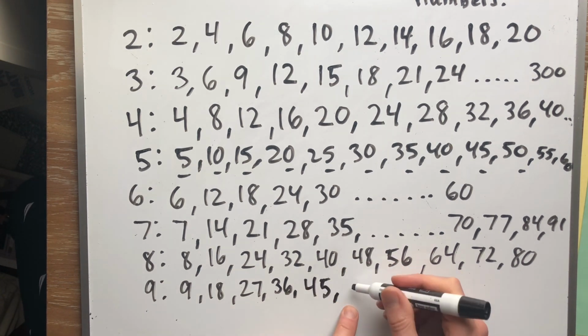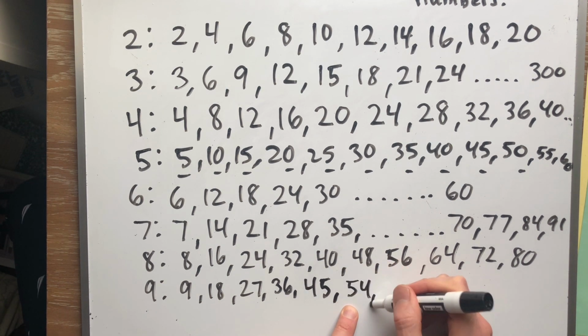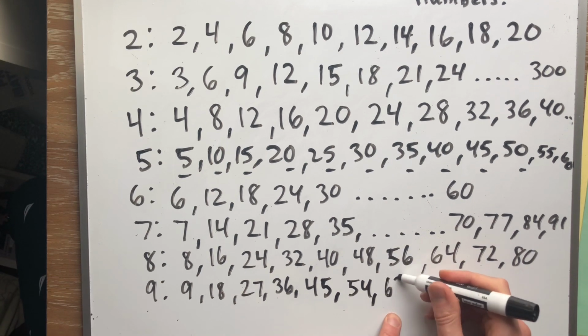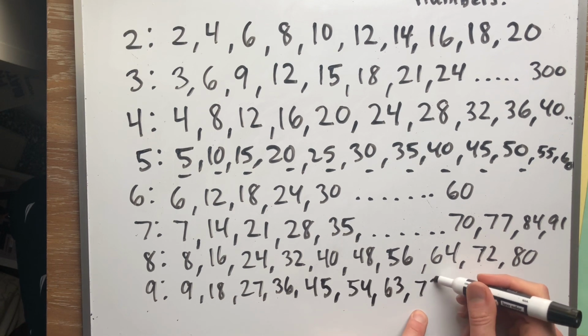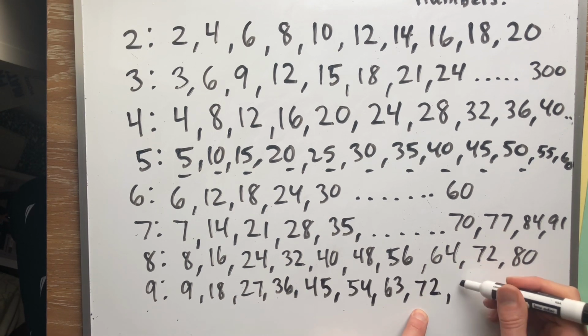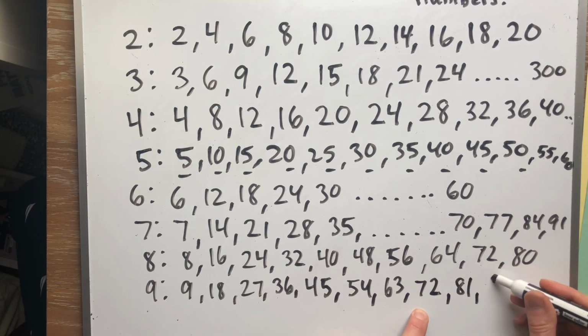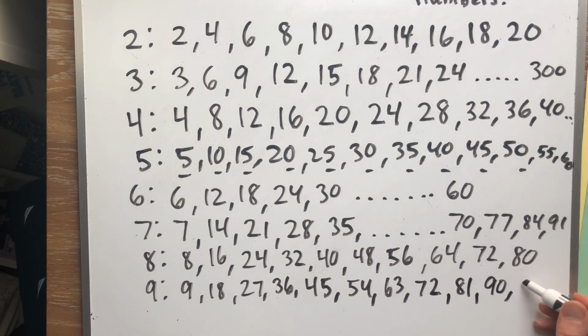What's the sixth one? 54. 9 times 7, 63. 9 times 8, 72. 9 times 9, 81. 9 times 10, 90. And 9 times 11, 99. Just keeps on going.